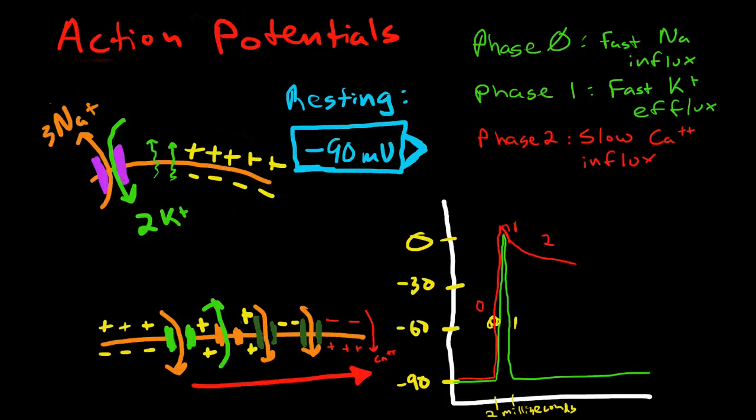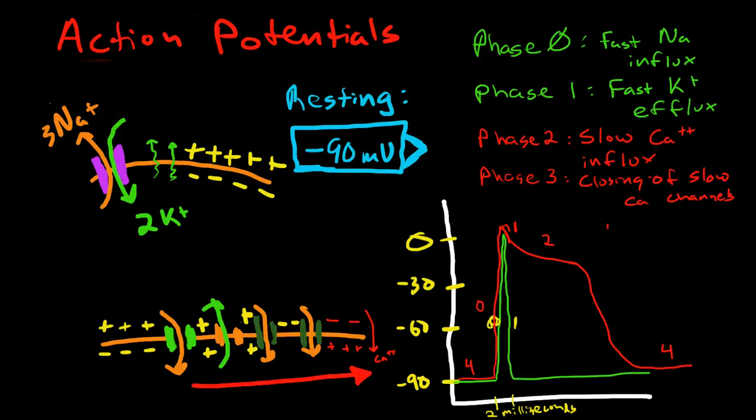And then phase 3 is the closing of the slow calcium channels. So you end up with a movement back towards the resting potential. And then phase 4 is just the resting potential.